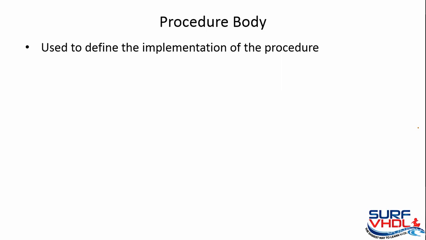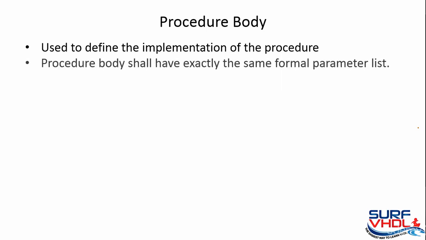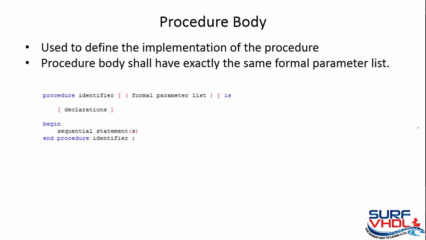Procedure body is used to define the implementation of the procedure. When a procedure declaration is used, then the corresponding procedure body shall have exactly the same formal parameters list. After the repetition of declaration, is present an optional declaration section and then the sequential statement section delimited by begin and end procedure keywords, followed by the procedure identifier and semicolon.